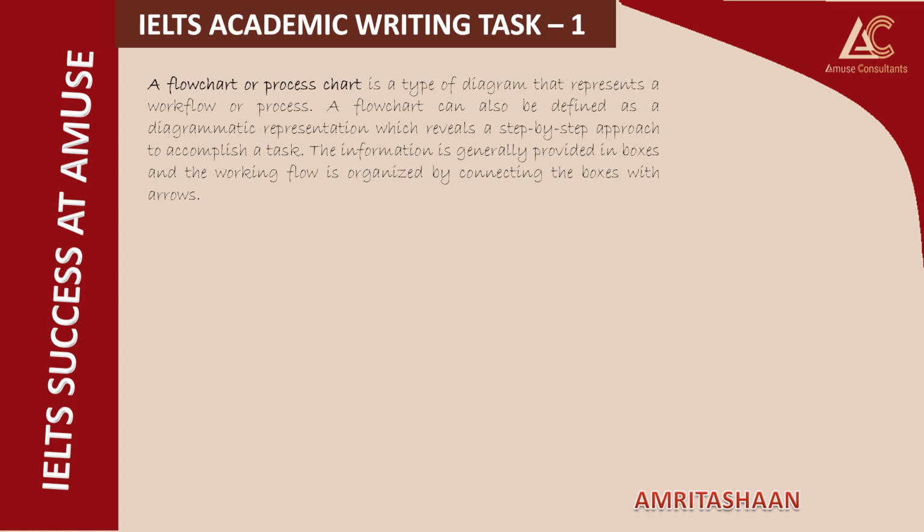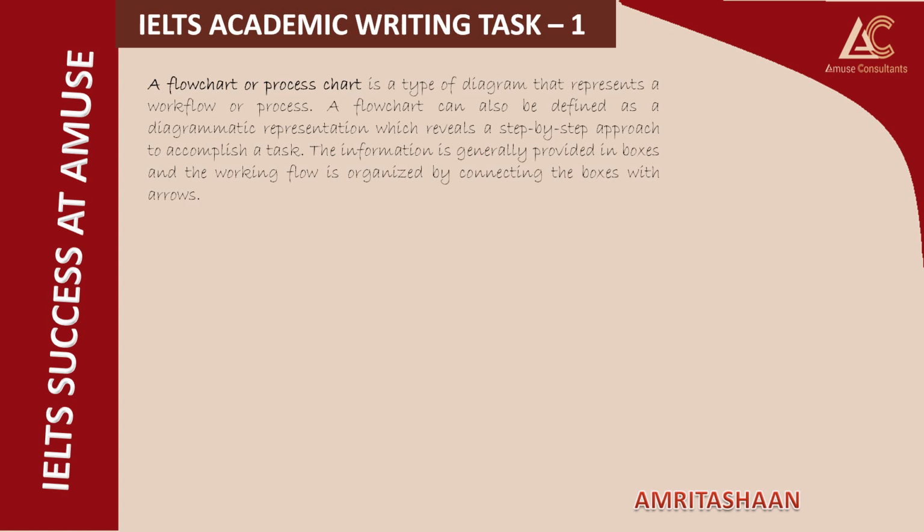And if I talk about the flow chart or the process chart, this is basically a diagrammatical representation where some process or some workflow is revealed step by step. The information of that step by step work is given in the form of different types of boxes, and boxes are generally organized well and they are connected with the help of arrows.